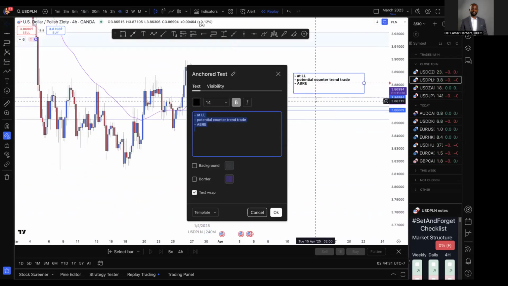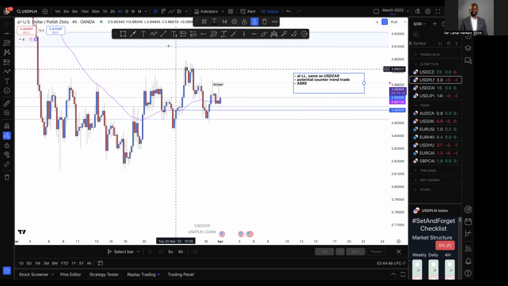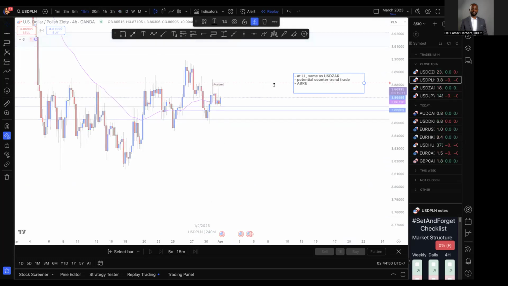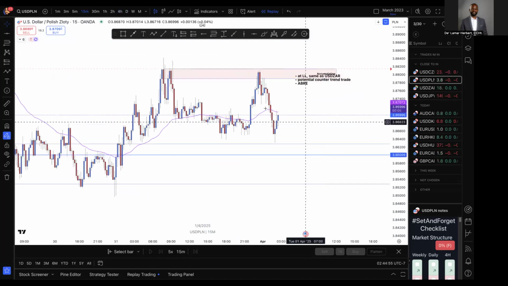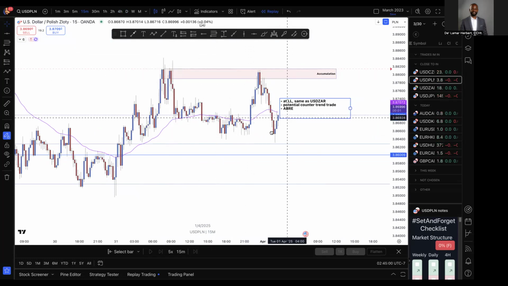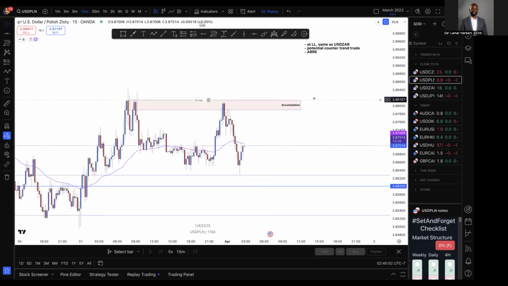So it's the same as USD ZAR. Right now we're seeing this accumulation happening here, where this price is failing to break above. We have our alert set for breaking it.